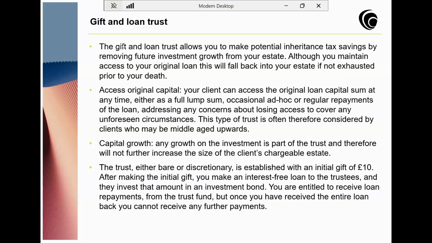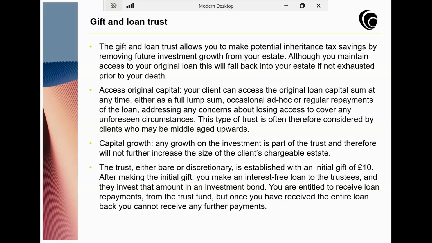So with the gift and loan trust, what they're looking to do is maintain the ability to access either lump sums on an ad hoc basis, regular payments or occasional payments, or most commonly, regular payments of 5% of the original capital back. So this type of trust enables them to access back the capital at any time.